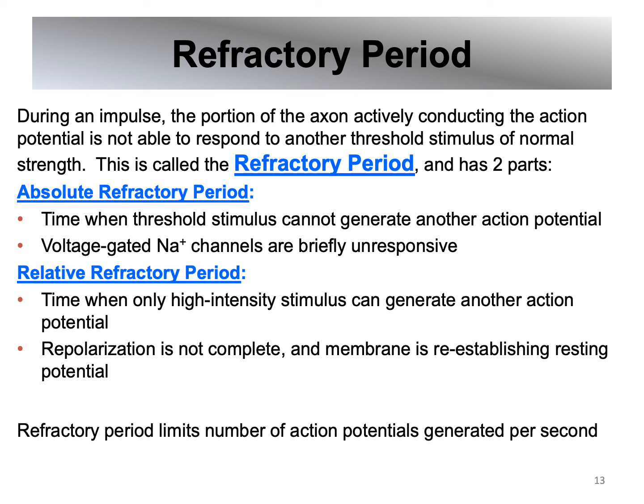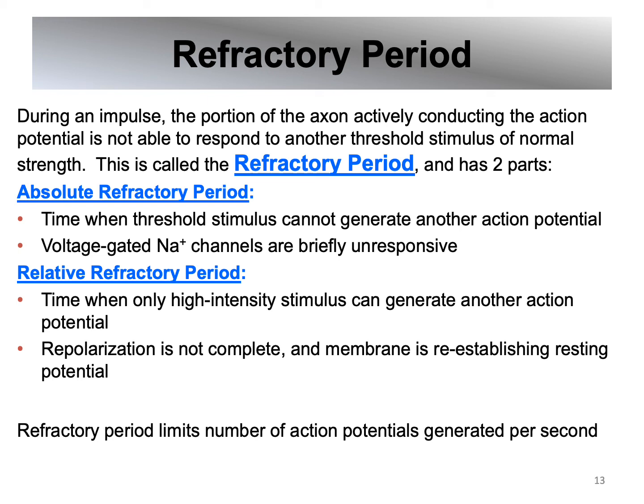During an impulse, the portion of the axon actively conducting the action potential is not able to respond to another threshold stimulus of normal strength. This is called the refractory period and has two parts: absolute refractory period and relative refractory period. Absolute refractory period is the time when a threshold stimulus cannot generate another action potential.